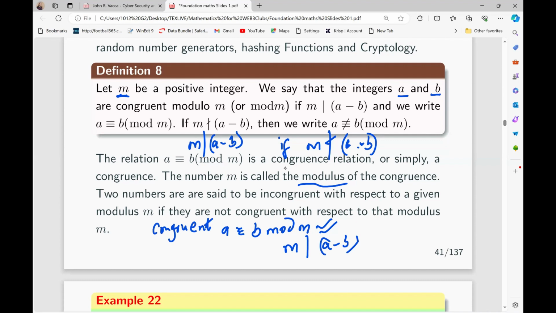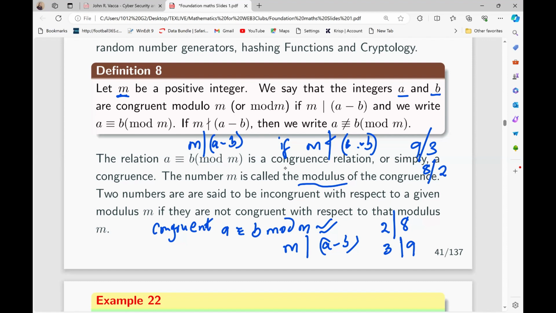I'm using this symbol to mean divide. For instance, I can say 2 can divide 8, 3 can divide 9. It's not the same as 9 divided by 3 or 8 divided by 2. This is different.